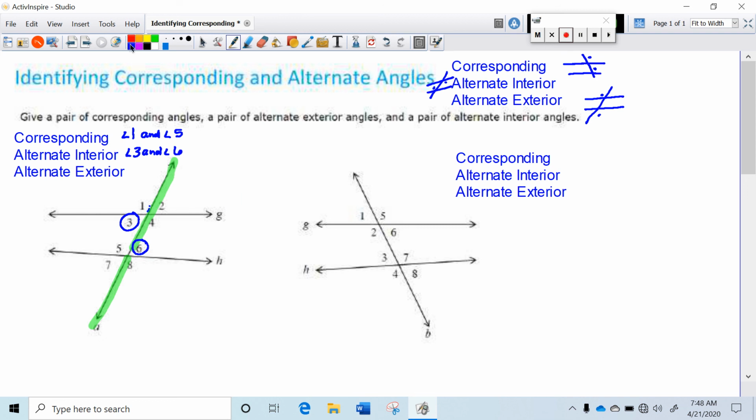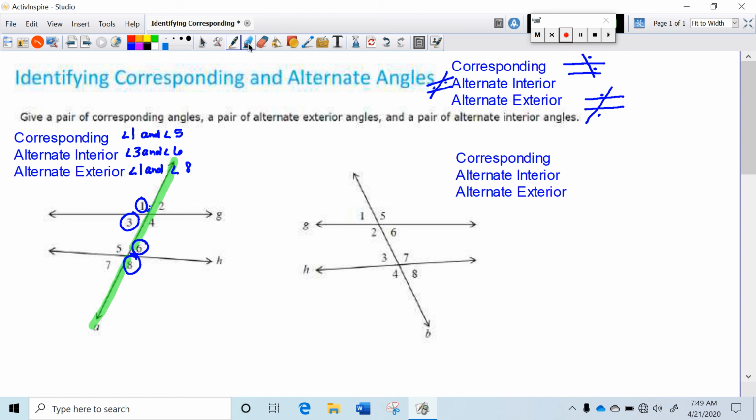And then alternate exterior would be on the outside of the parallel lines, opposite the green line. So angle 1 and angle 8. Those are just examples.